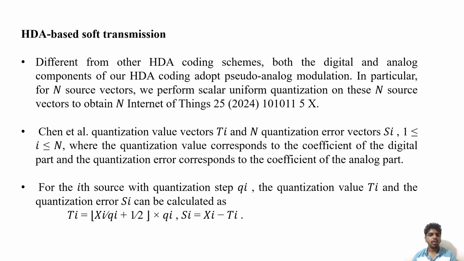In particular, for n source vectors, we perform scalar uniform quantization on these n source vectors to obtain n quantization value vectors Ti and n quantization error vectors, for 1 ≤ i ≤ n, where the quantization value corresponds to the coefficient of the digital part and the error corresponds to the coefficient of the analog part.